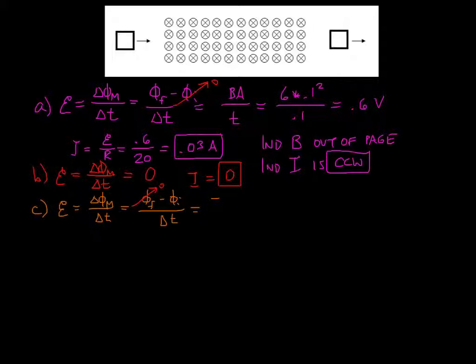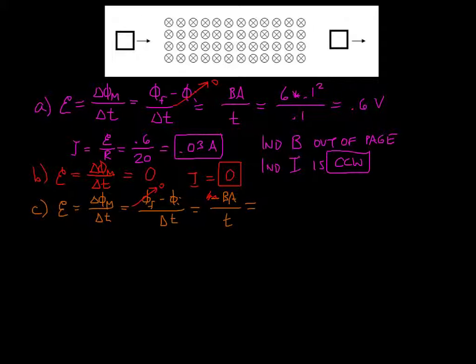So this will just equal negative BA over T, but since we're only concerned with the magnitude of the EMF, we don't care about the negative sign, so we can just ignore that.